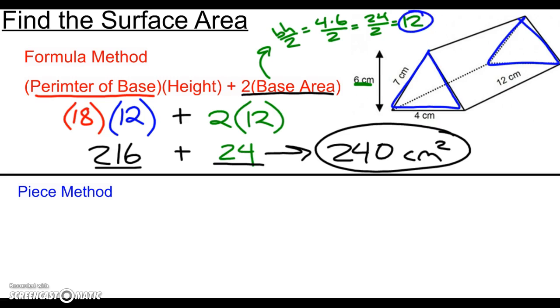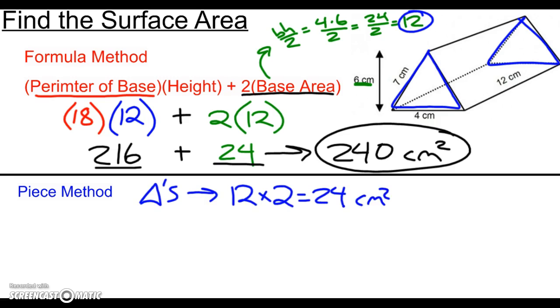We already found out that the area of those triangles is 12, and we have 2 of them. So that's 24 square centimeters. And then my 2 rectangles that are the same, this one on the side and this one on the side, are both 12 by 7s.